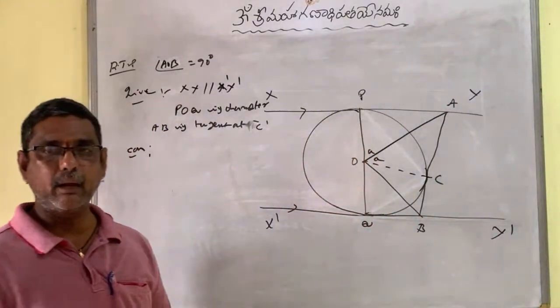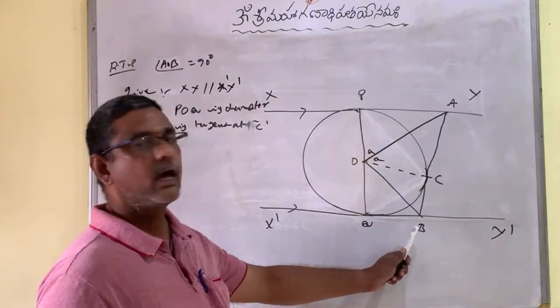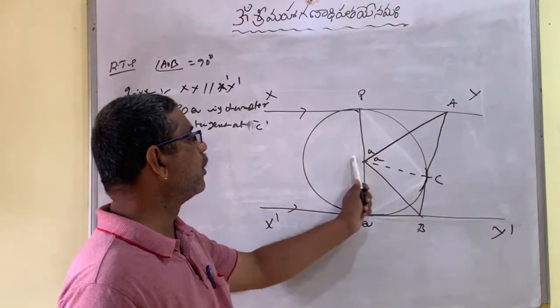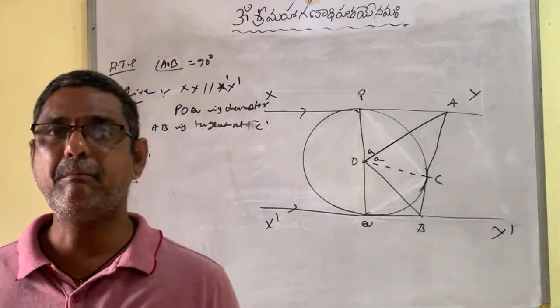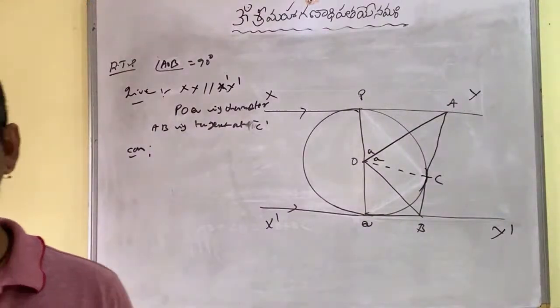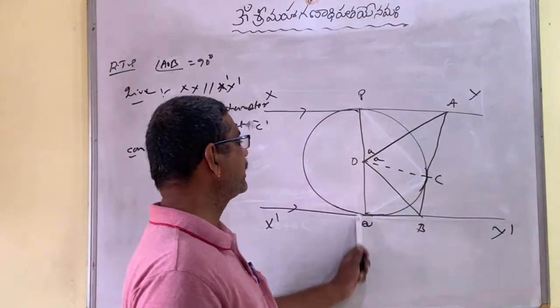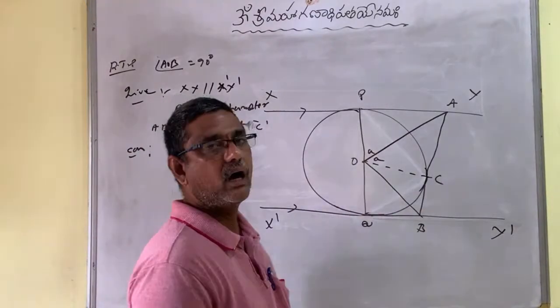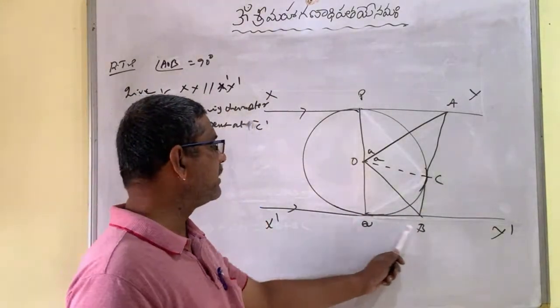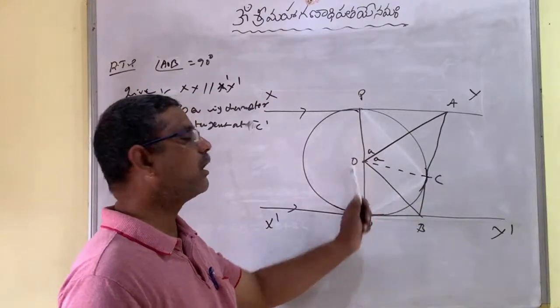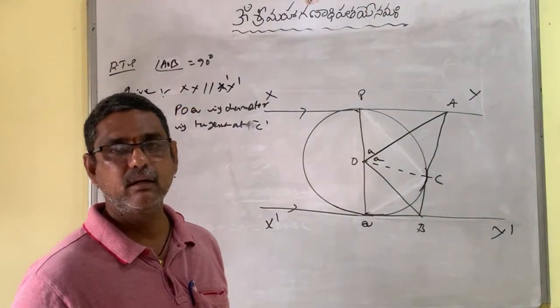Now, you can observe this one also. BQOC. See that part? Same. Triangles BQO and BCO are congruent. Okay.